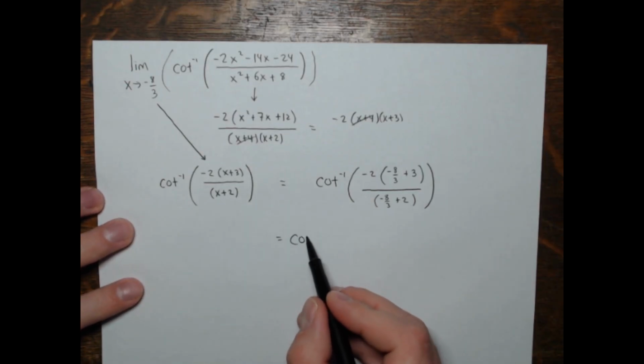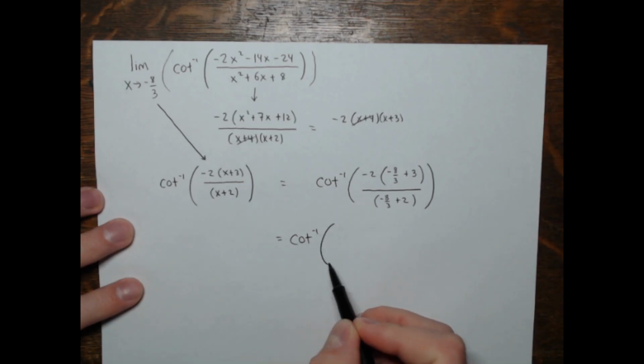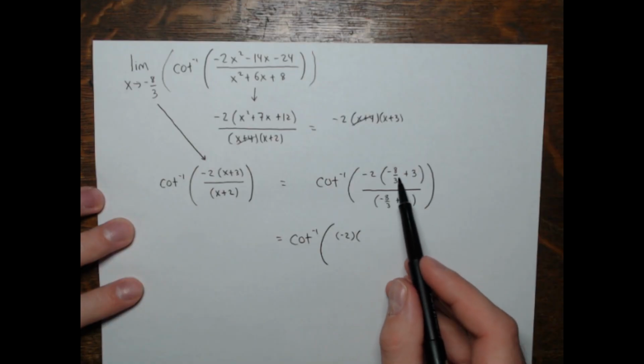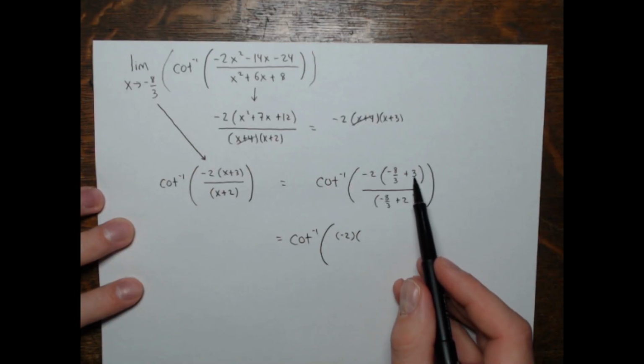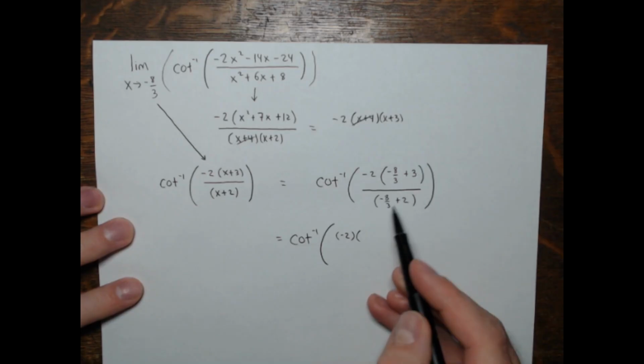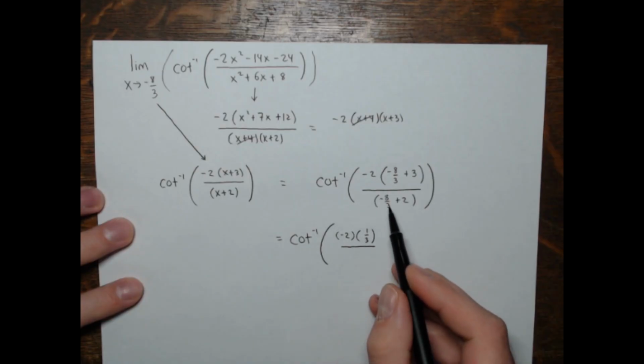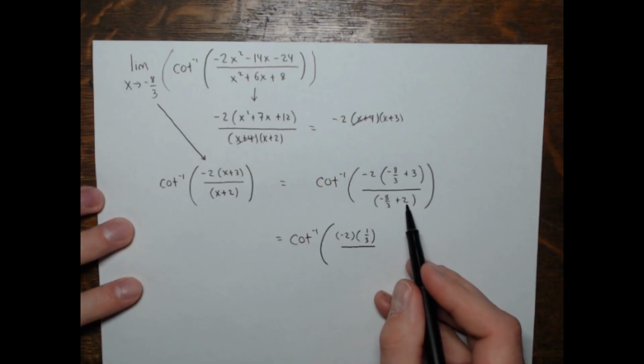So this is inverse cotangent of -2 times, now when you add or subtract stuff, you need a common denominator. 3 is 9/3. So -8/3 plus 9/3, that's +1/3 divided by, and then again, -8/3 plus 6/3 is -2/3. Oh, you know what?